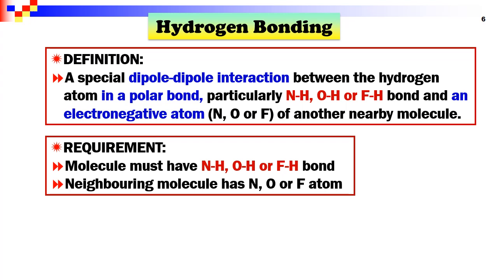The requirement for hydrogen bonding is, first, the molecule must have NH, OH or FH bond in it. Second, the neighboring molecule has a nitrogen, oxygen or fluorine atom.